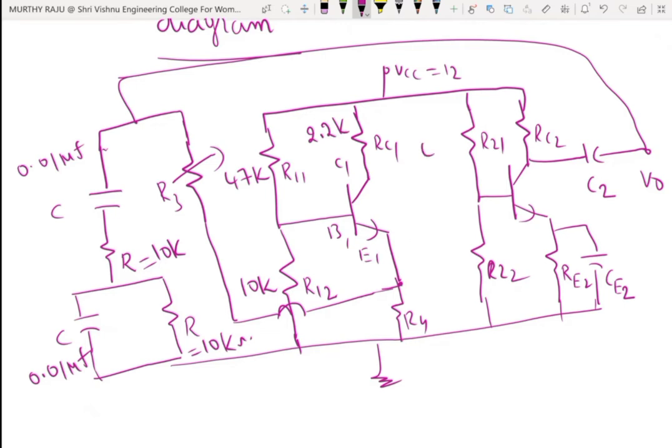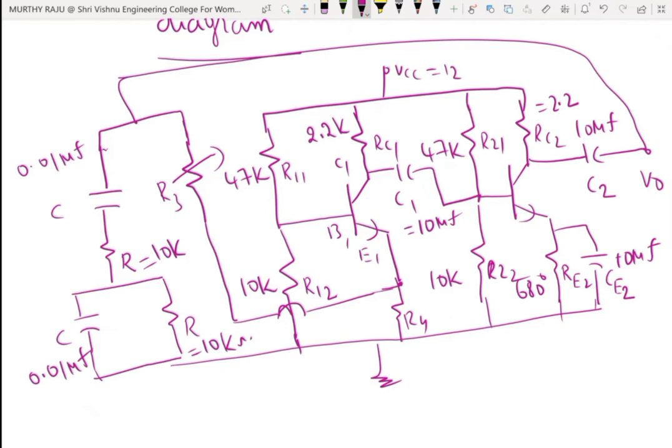Here R21 is equal to 47K, R22 is 10K, RC2 is 2.2K. Some coupling capacitors are used here: C1 is 10 microfarad, C2 is also 10 microfarad, CE2 is 10 microfarad. RE2 is 680 ohms. R4 is also 680 ohms.